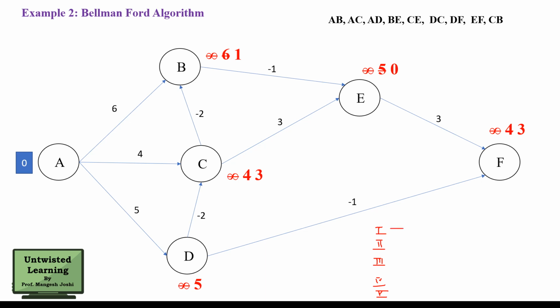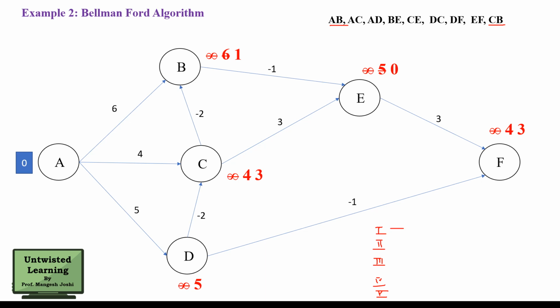Let us go with the first iteration. We have listed all the edges: AB, AC, AD, BE, CE, DC, DF, EF, and BC. There is no meaning to the sequence; you can list them randomly. CB and BC are the same, AB and BA are the same.